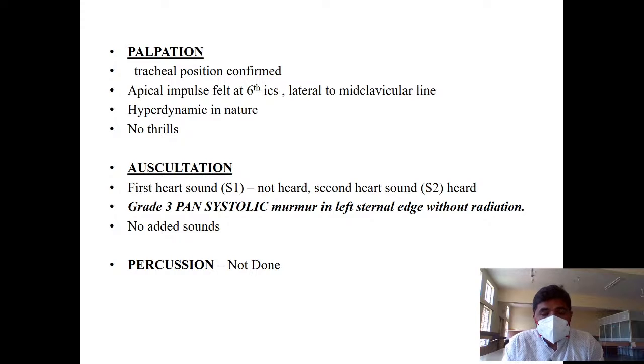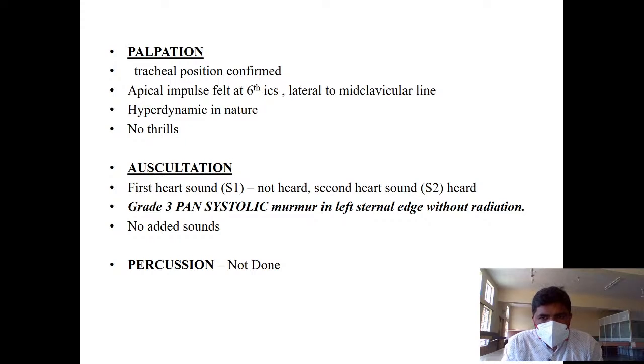Then look at the nature of the second heart sound. The second heart sound usually has a split during inspiration. So variable split is the nature. Usually you will see the A2 component ahead of the P2 component. If such is the scenario, it's okay.